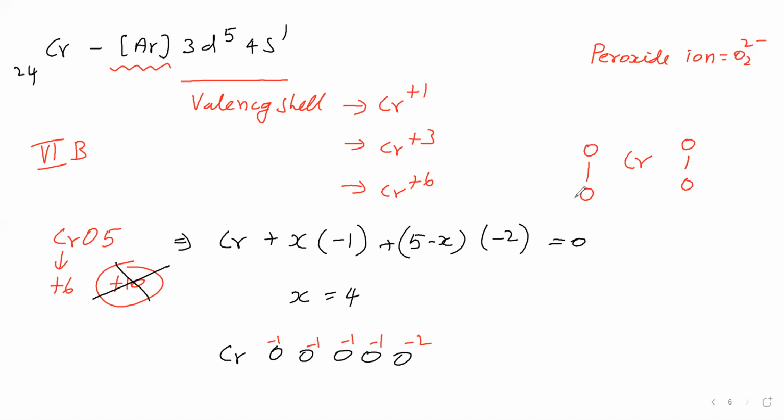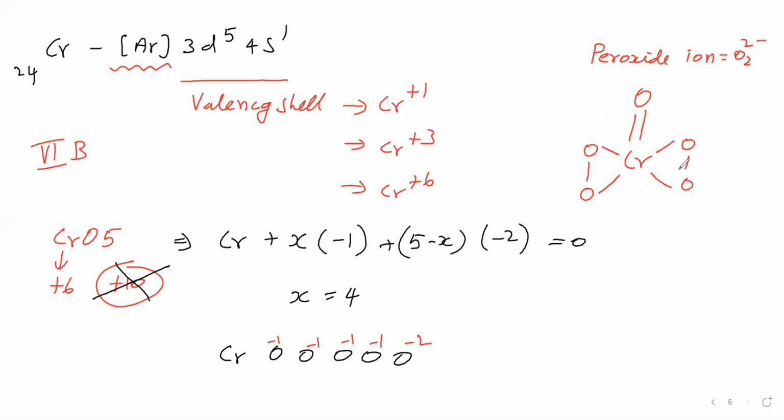This oxygen is making a bond with chromium, and this is also making a bond with chromium. Like that here also, O single bond O. This linkage is called peroxy linkage, peroxide. This oxygen carrying -2 oxidation number makes a double bond with the chromium.